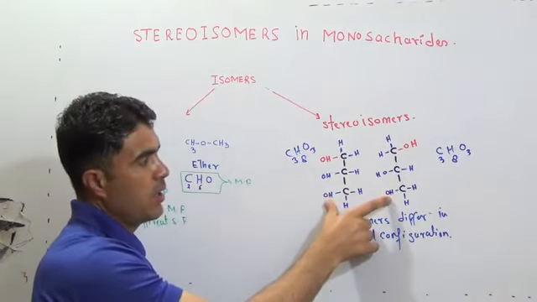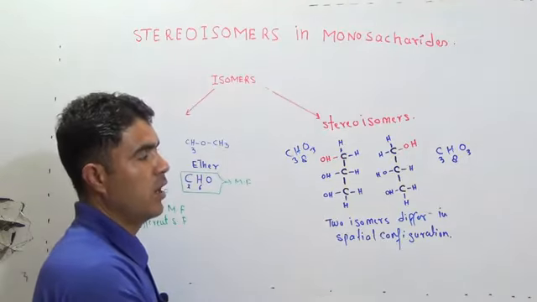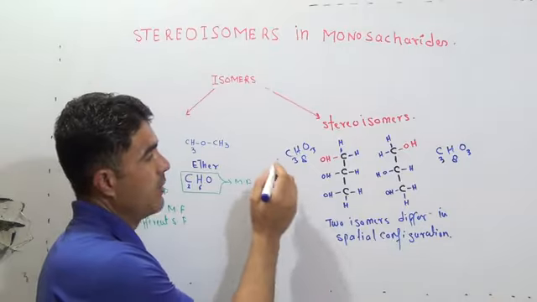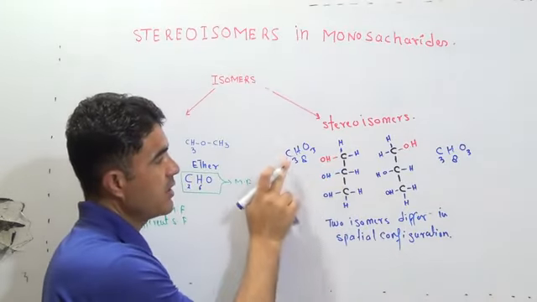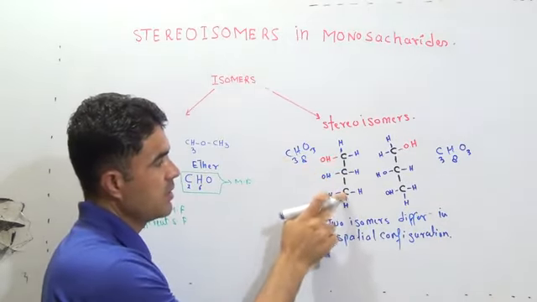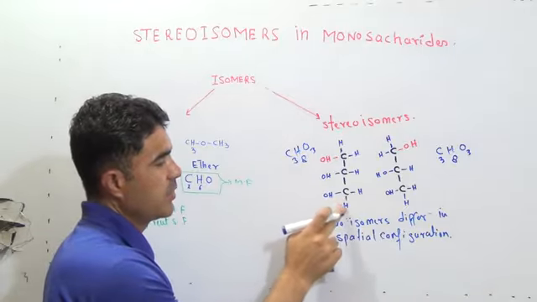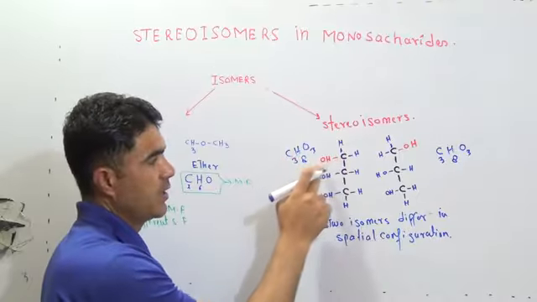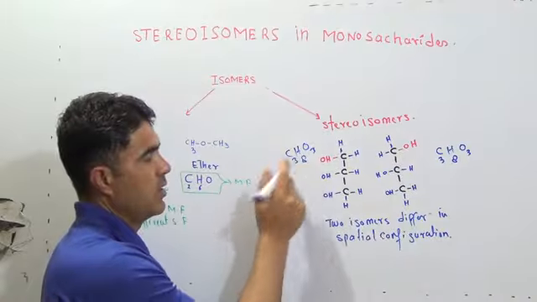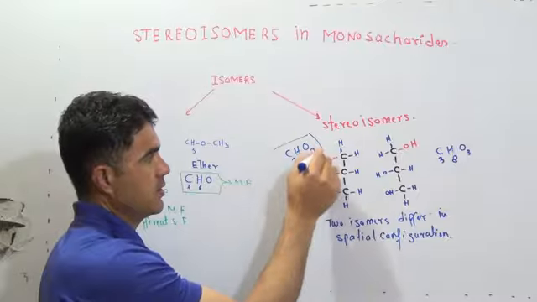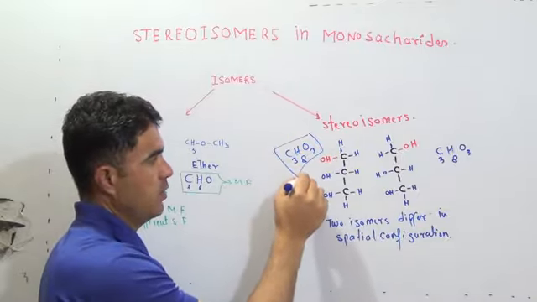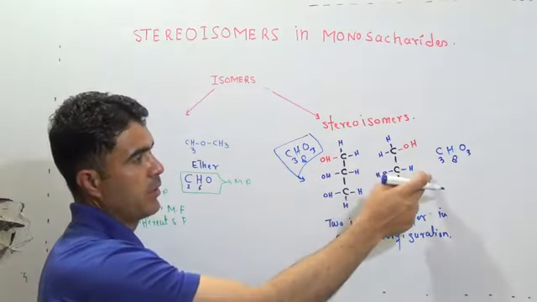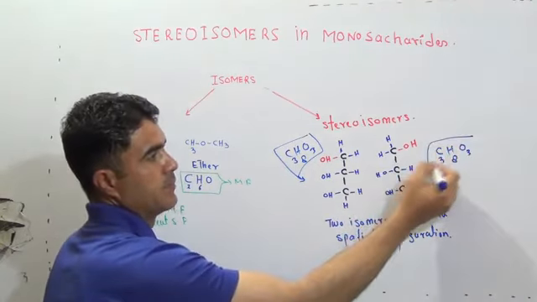If we write the molecular formula of these two compounds, the molecular formula of this compound is C3, because 3 carbons are there, 8 hydrogens, 3, 4, 5, 6, 7, 8, and 3 oxygens are there. So this is the molecular formula of this compound, and the molecular formula of the other compound is here.